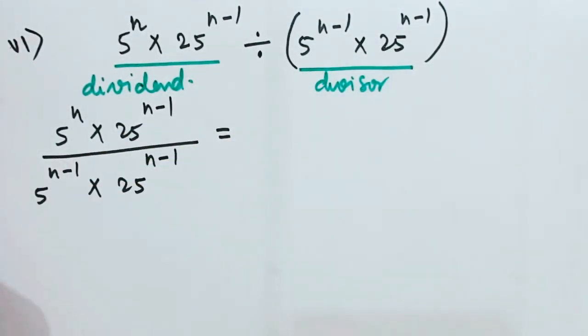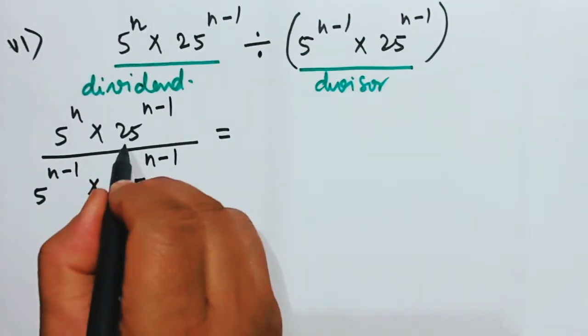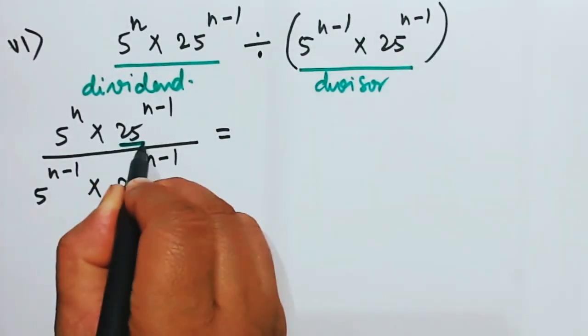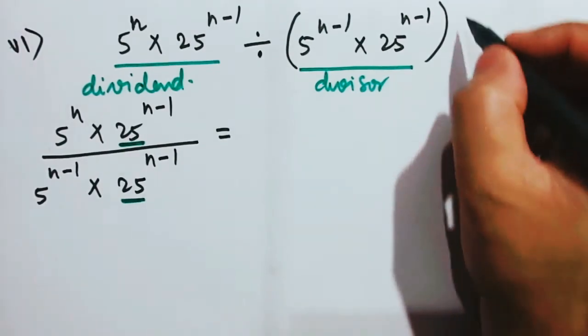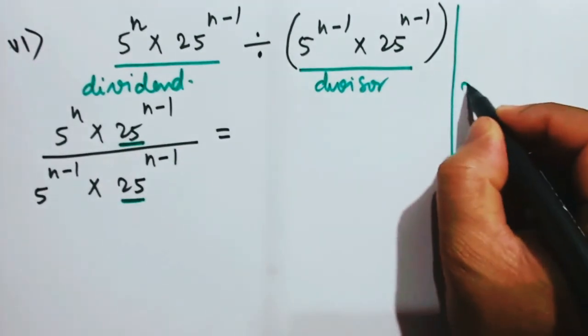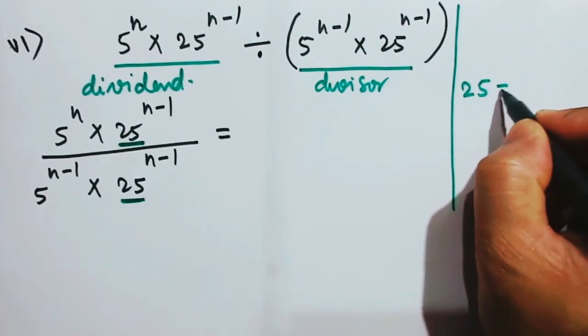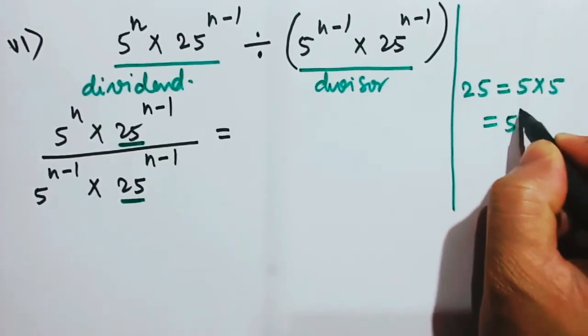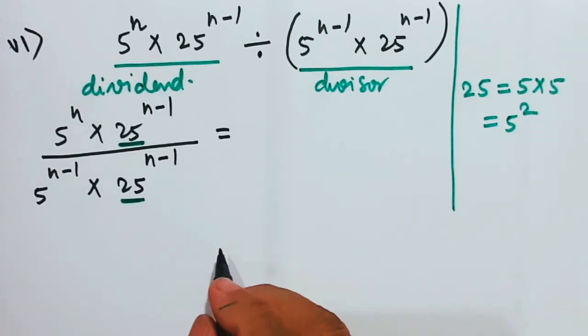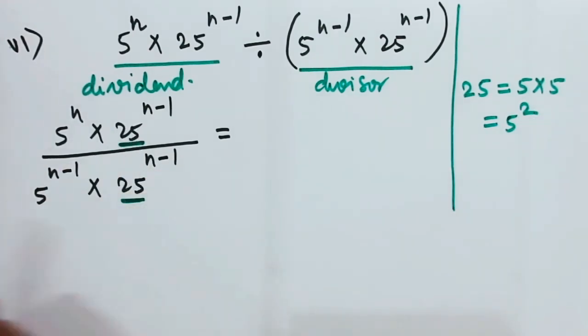But still here you will have to remember that this 25 is not in proper order, because 25 is not a prime number. Therefore 25 should be converted into its prime form, which is 5 square. So instead of 25 I will write 5 square.